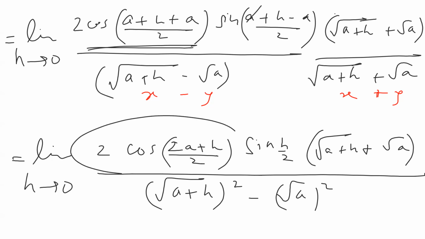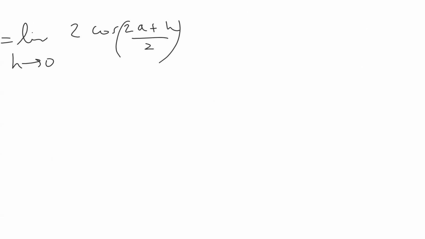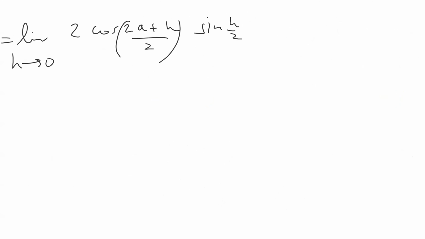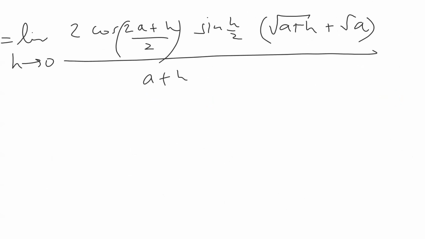Okay, so first two terms will remain as it is. So limit h approaching 0 of cos of 2a plus h by 2 into sin h by 2 upon root of a plus h plus root a. And down it is a plus h minus a.